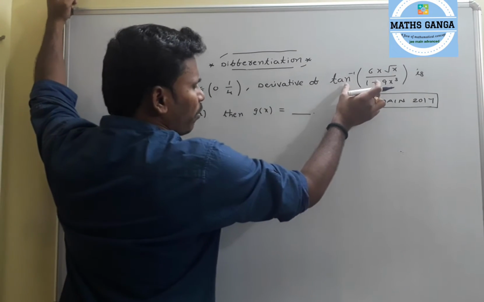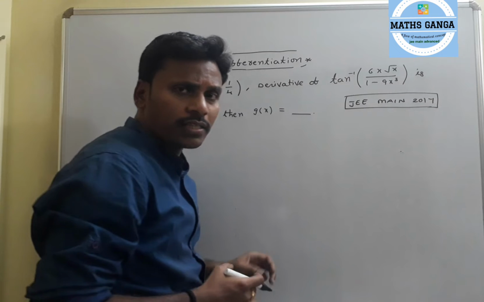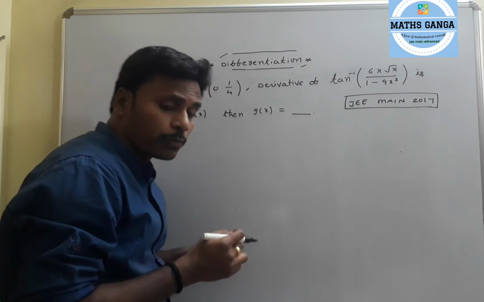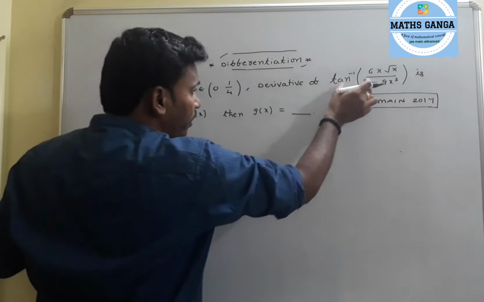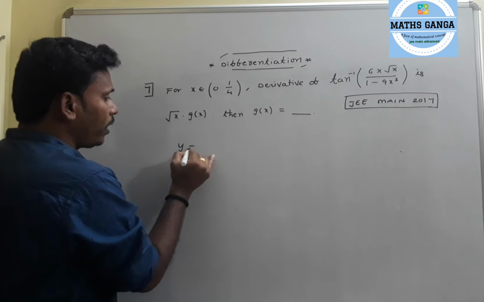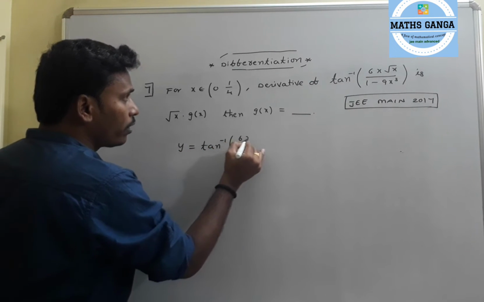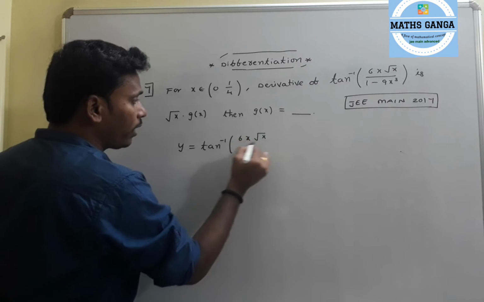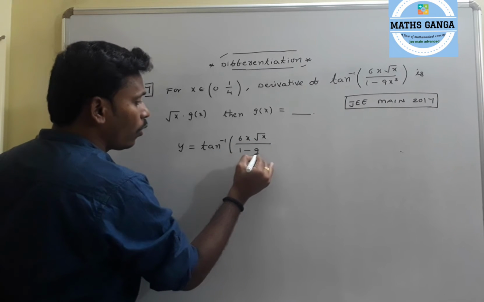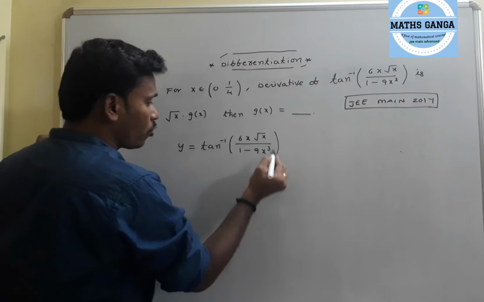So we need to think about the derivative of this function, tan inverse 6x root x by 1 minus 9x cube. Let that function be y. So y is equal to tan inverse of 6x root x divided by 1 minus 9x cube.